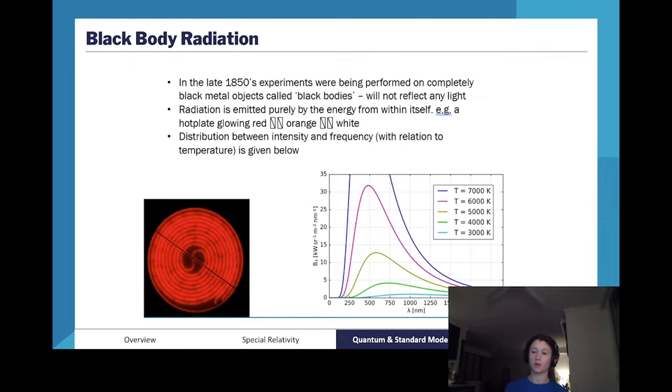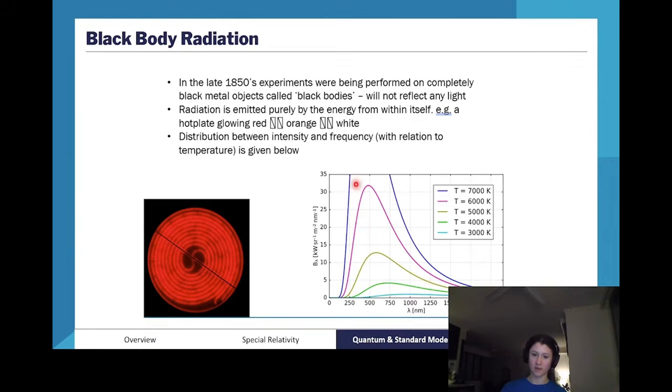So, what we can see on the graph down below is the distribution between intensity and frequency. Sorry, this is the wavelength.